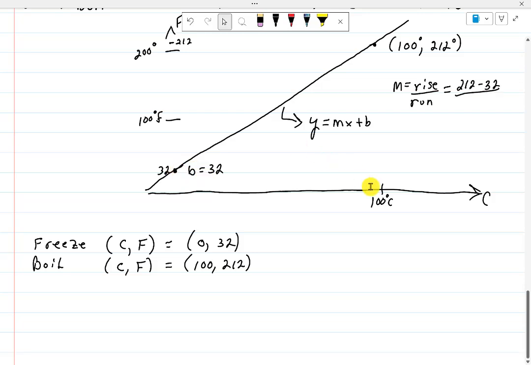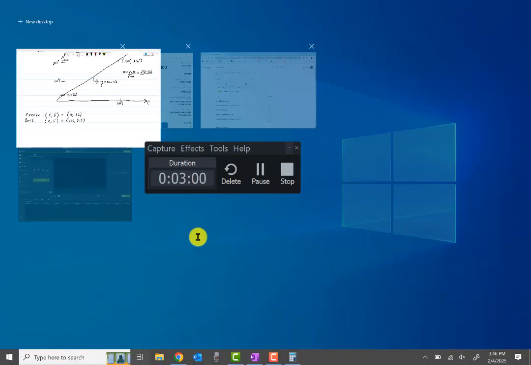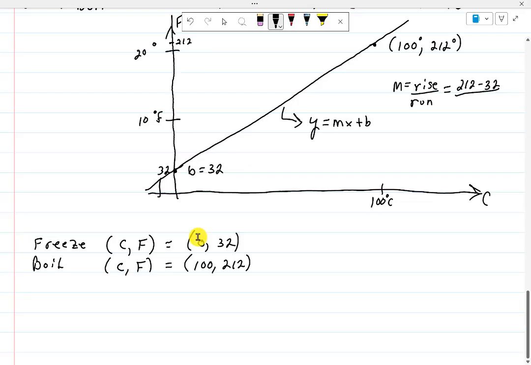The run, it's 100 minus 0. In the run part, we're going to have 100 minus 0. It'll end up being 1.8 after you do all this. So that's the m. So my y equals 1.8x plus 32.